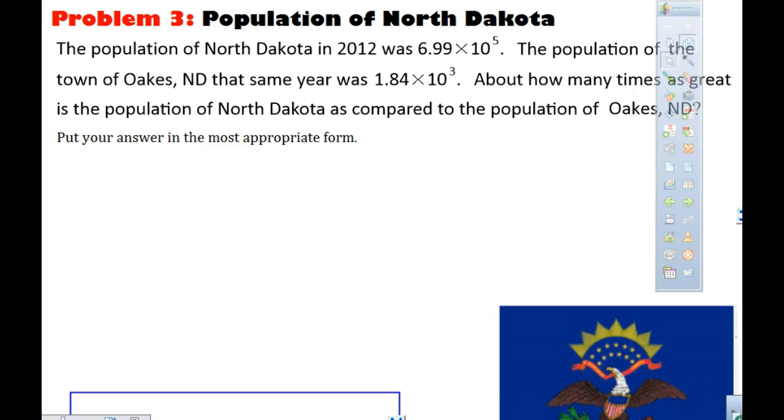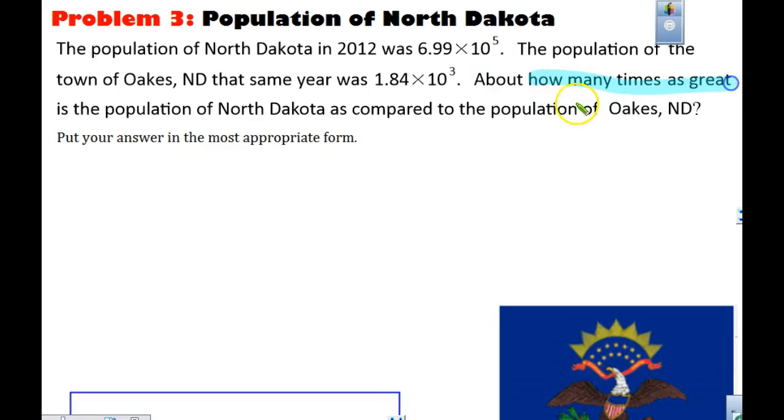And as you are reading that next one, Angel. The population of North Dakota in 2012 was 6.99 times 10 to the 5th. The population of the town of Oak County that same year was 1.84 times 10 to the 5th. How many times as great is the population of North Dakota as compared to the population of Oak County? So we want to find how many times as great is North Dakota, the whole state, compared to Oaks.